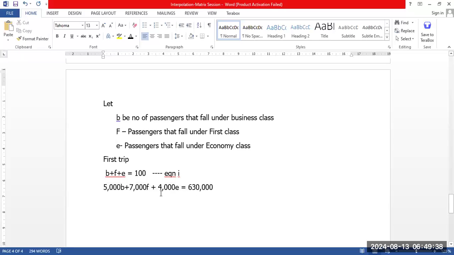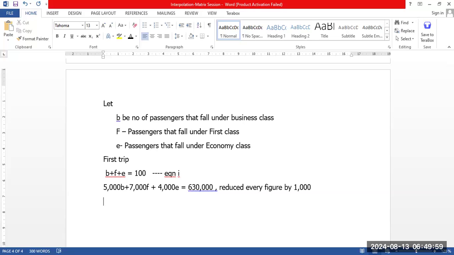You can reduce it since you have a common factor by dividing everything by 1,000. So if I reduce, we can reduce every figure by 1,000.